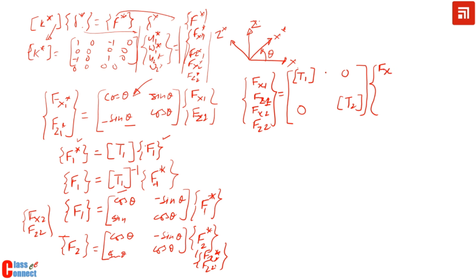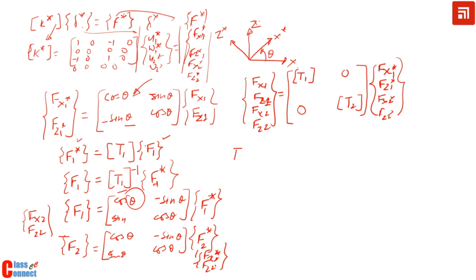If the element changes, the transformation matrix changes, because theta may change. So it is Fx1 star, Fz1 star, and so on. You can verify this by using the first row: the other components will be 0, and this will be multiplied by this 0, and this will be multiplied by this 0 for these two equations.